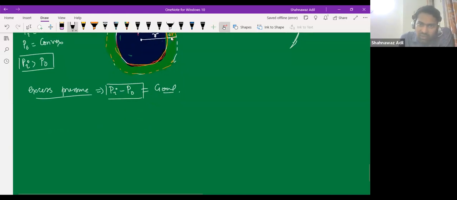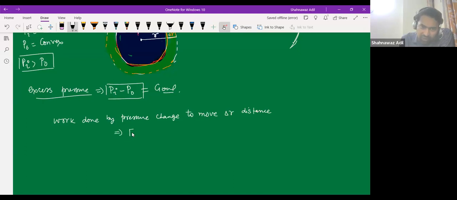So work done by pressure change to move delta R distance. Right, so that work done would be F into delta R.